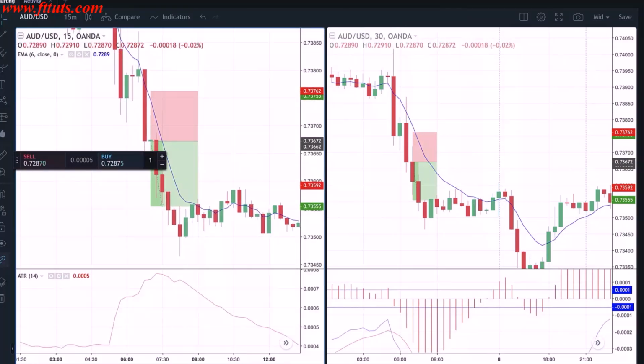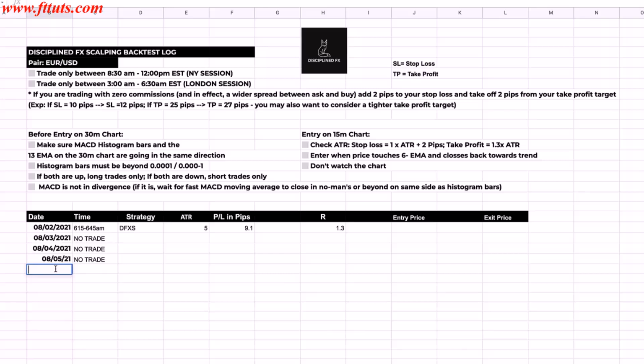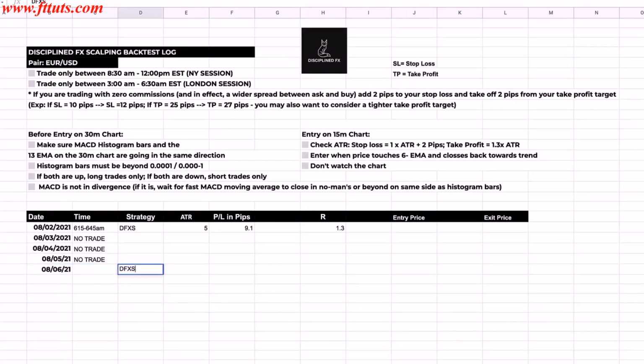Okay, so same thing. Write in the date. I didn't catch the time. Go back, check that after. ATR was 7. PL in pips was 11.7. R 1.3. And you can also add any other information you want to check for.